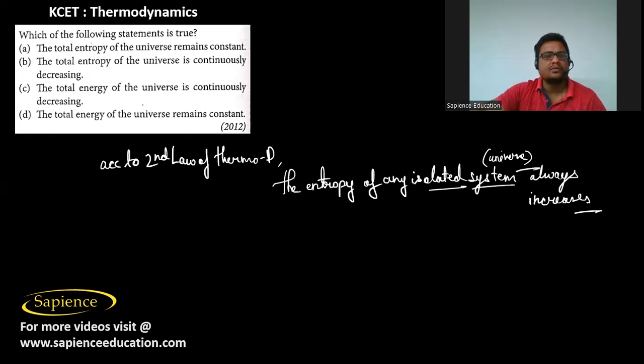The total entropy of the universe is continuously increasing, but the total energy of the universe cannot change. So the total energy of the universe always remains constant.